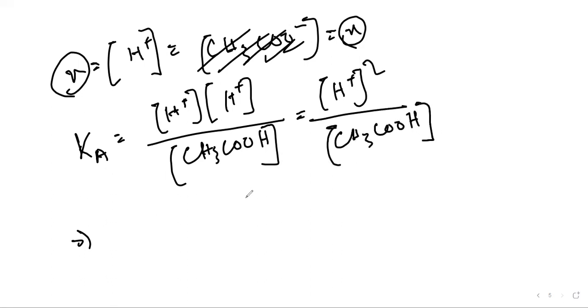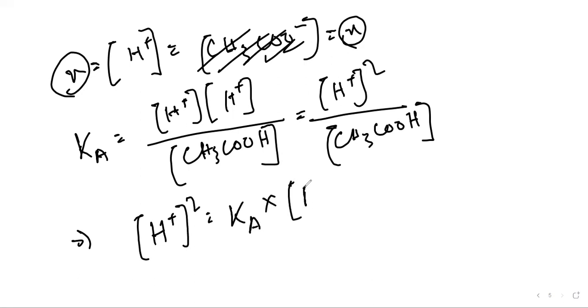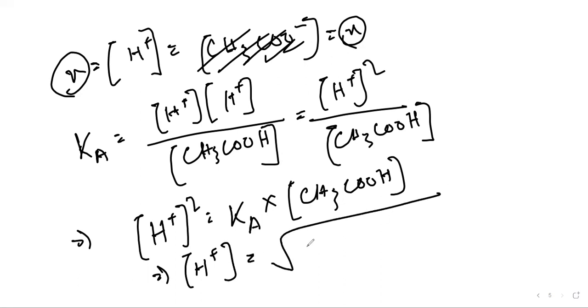Now we can make H plus the subject and take all of the other terms to the other side. We should now get the concentration of H plus, which is the square root of Ka times CH3COOH. Now did you get it?